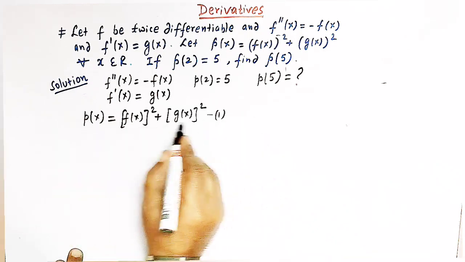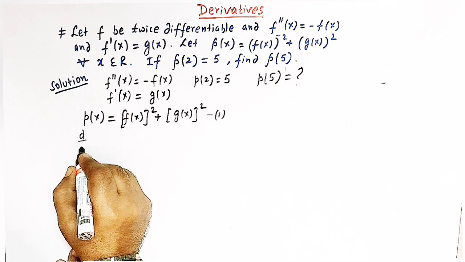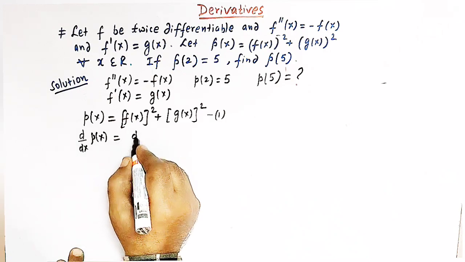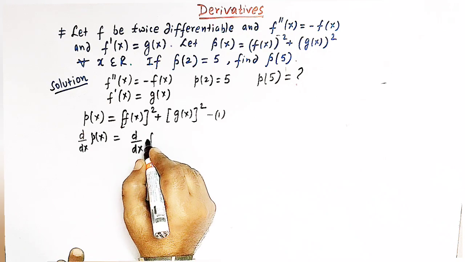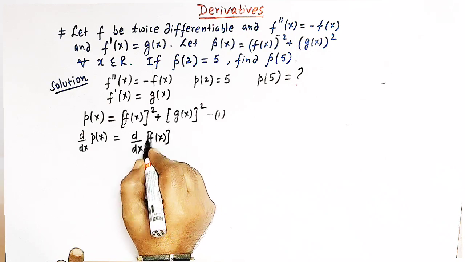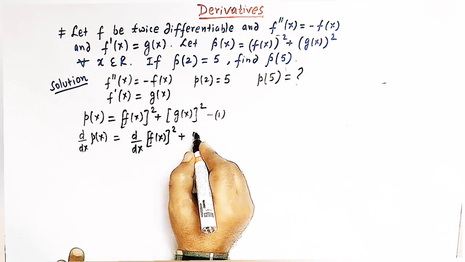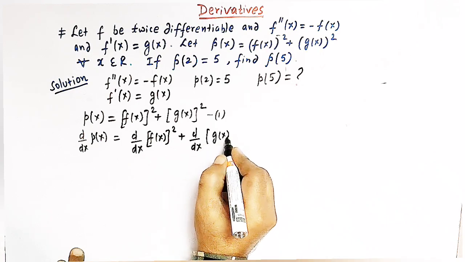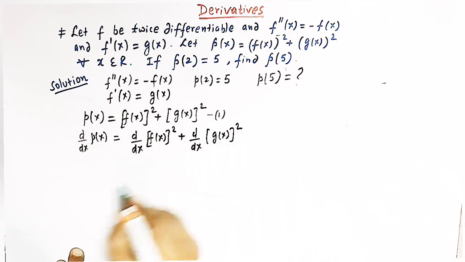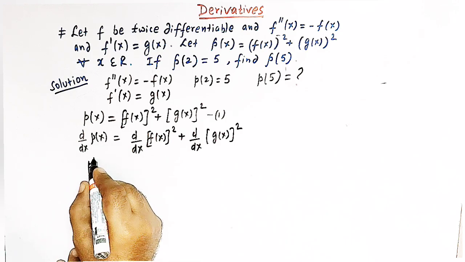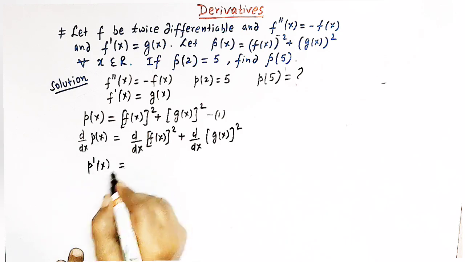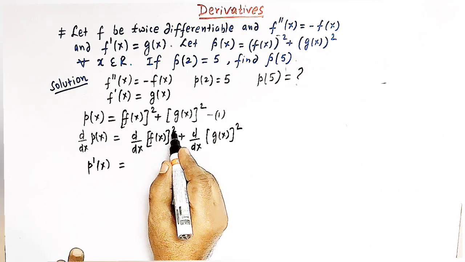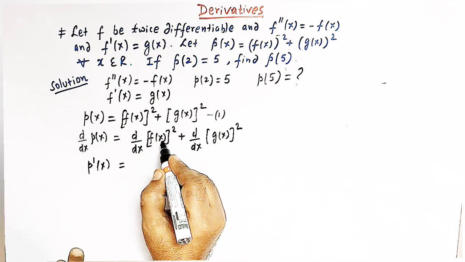So taking the derivative of both sides, we have d by dx of p of x, and here we have d by dx of f of x square, and here we have d by dx of the square of g of x. So this is p prime of x, and now here we have to find out the derivative of the square of the function f of x, right?